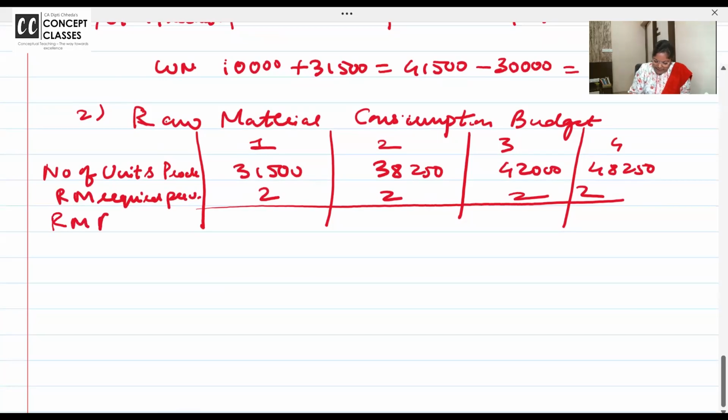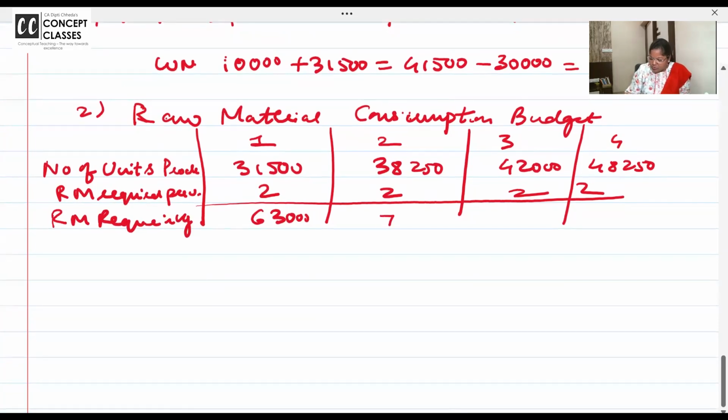So raw material required in kgs 63,000. 38,250 into 2, 76,500. 84,000. 48,250 into 2, 96,500. Done.